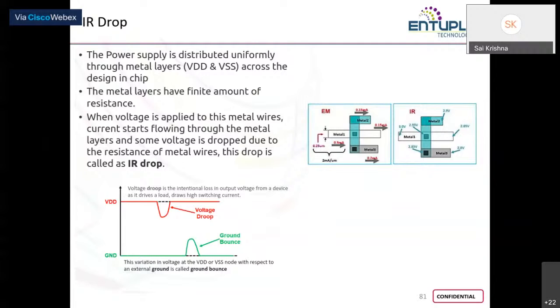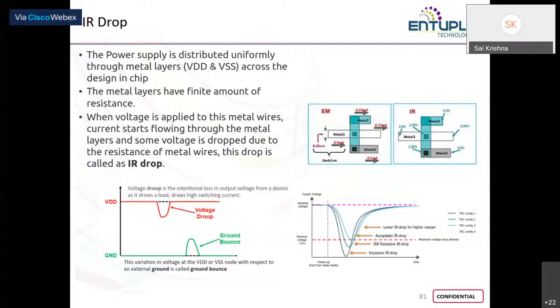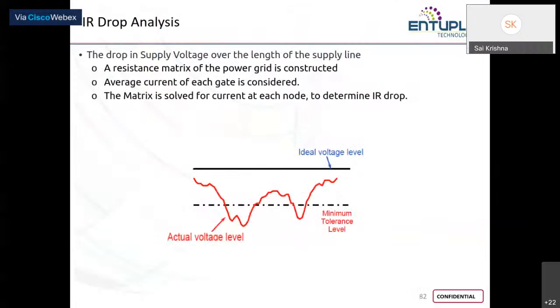Okay, so in the picture below you can see that the voltage drop from a device depends on the load. As the load increases, the switching current also increases, and because of that there could be a drop in power, which could cause some dysfunction in any of your standard cells.